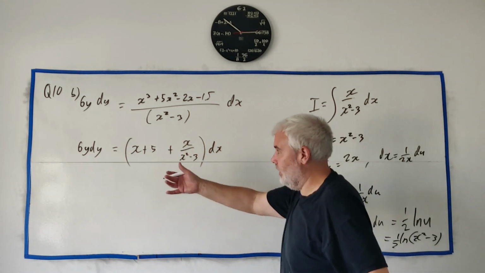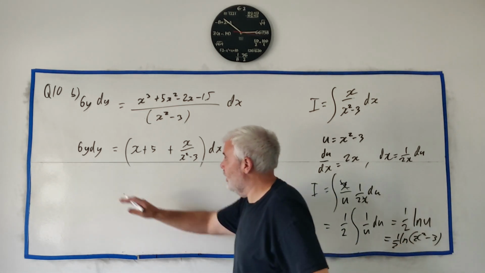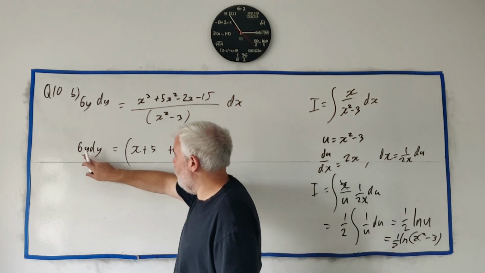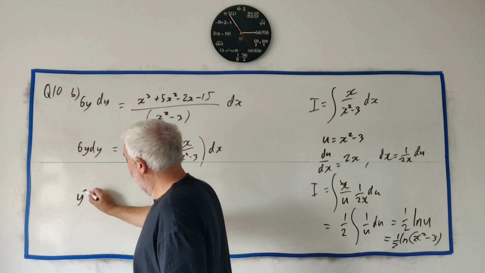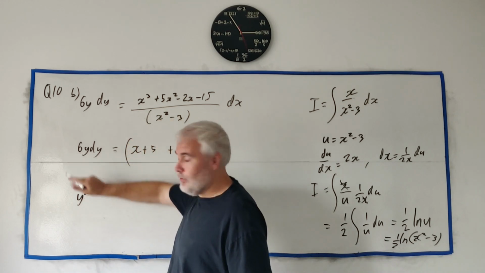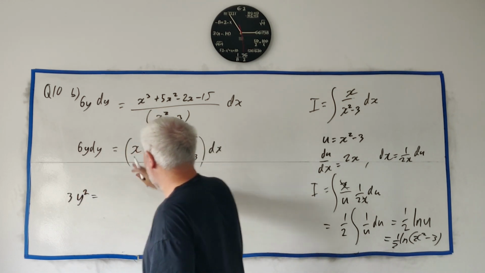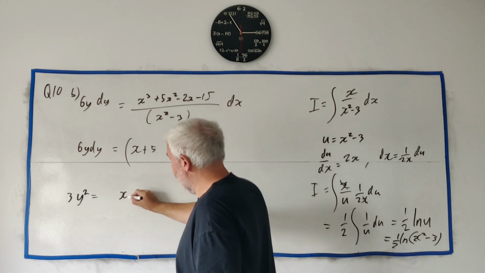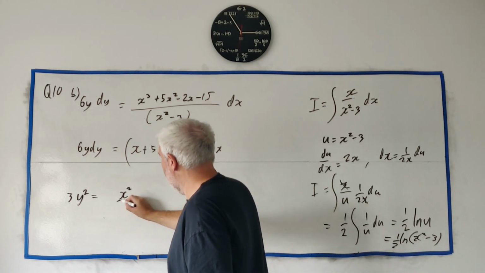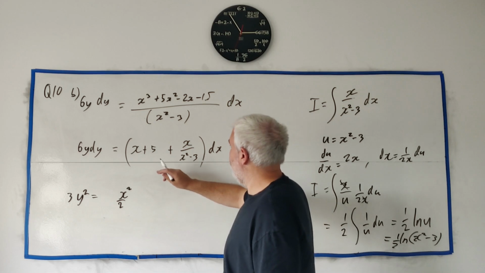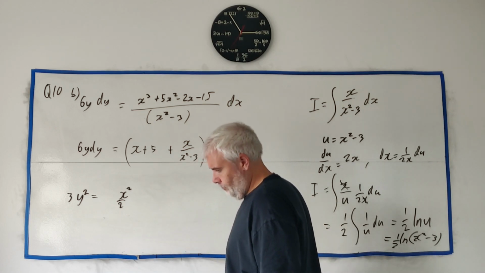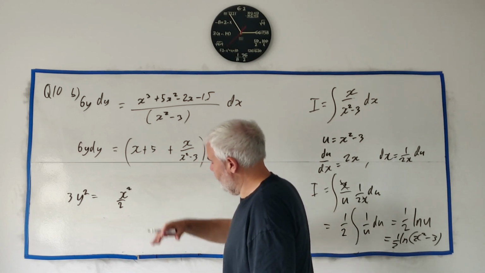So let's integrate everything now that we've done the hard work over there. So the integral is 6y. y becomes y squared divided by 2, so the 6 gets divided by 2, it's a 3. x becomes x squared divided by 2, we'll just divide that by 2.